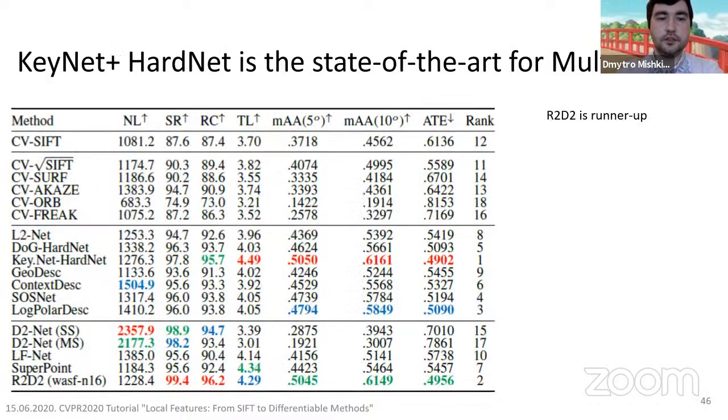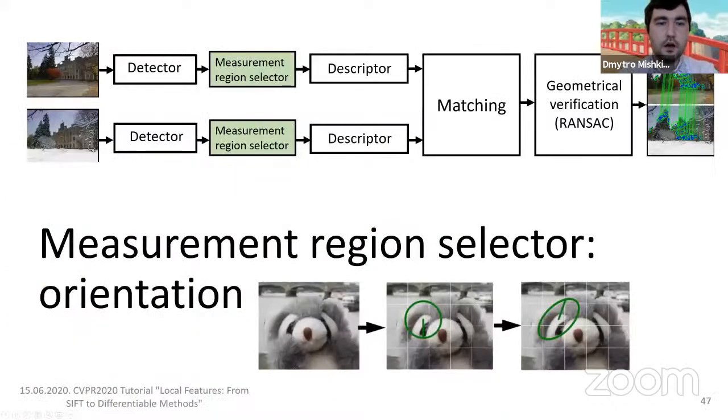But when the features are limited, then actually R2D2 and KeyNet work better because they're more robust, and SuperPoint is actually working pretty well as well.